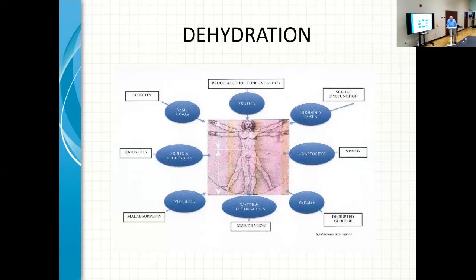Remember when we were talking about blood alcohol concentration, there is a very large amount of water in your blood system. Your blood plasma, as an organ, has the second largest volume of water other than your cells.